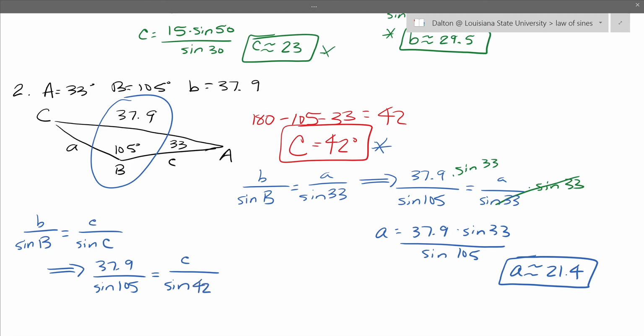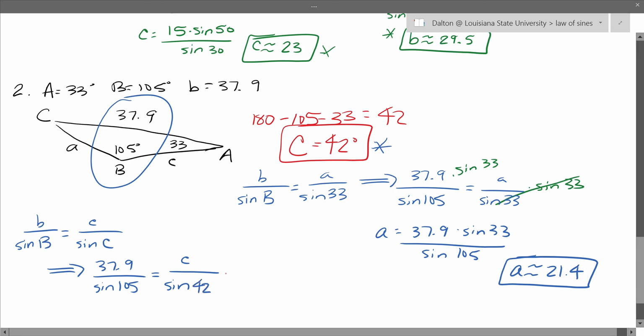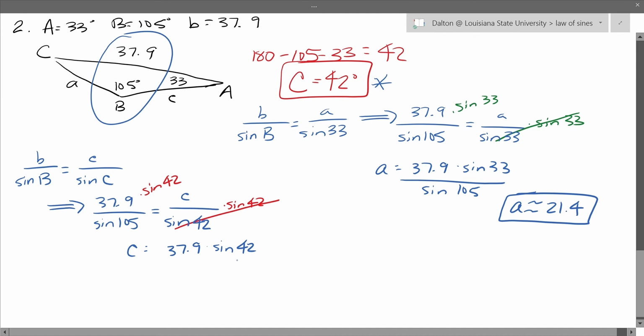If I multiply both sides by the sine of 42 to isolate the variable C, I end up with C is equal to 37.9 times the sine of 42 over the sine of 105, which is going to give us a value of C to be approximately 26.3.